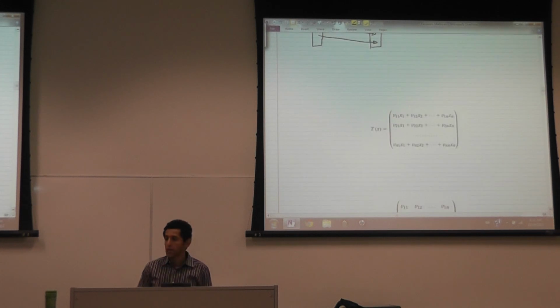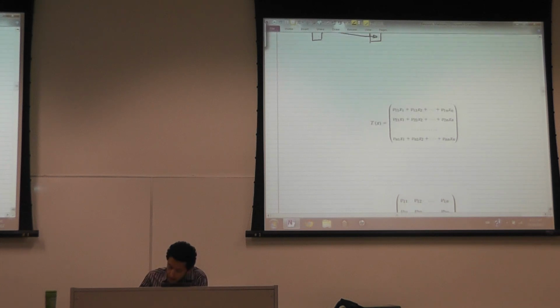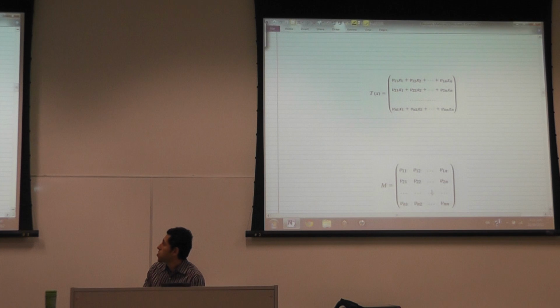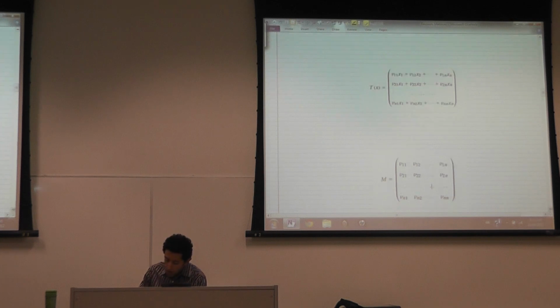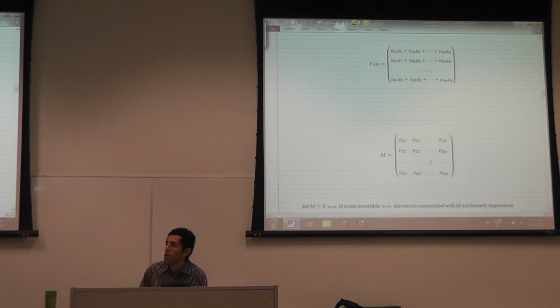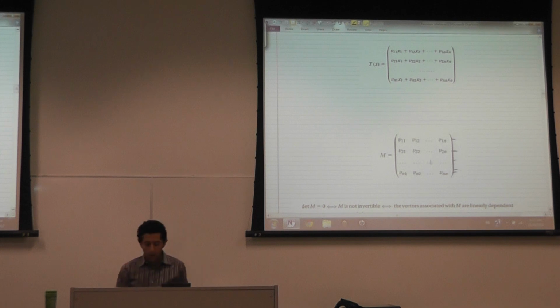So why is this important for our matrices? Because of the following. Any linear map is represented by a matrix, and any n by n matrix can be represented by n vectors, or has n vectors.